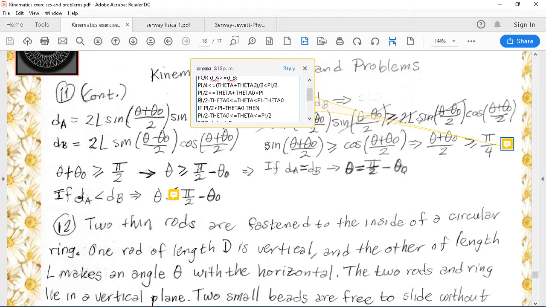That is, theta is greater than or equal to pi halves minus theta 0, but less than pi minus theta 0.